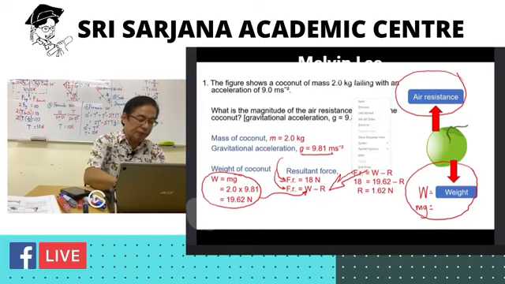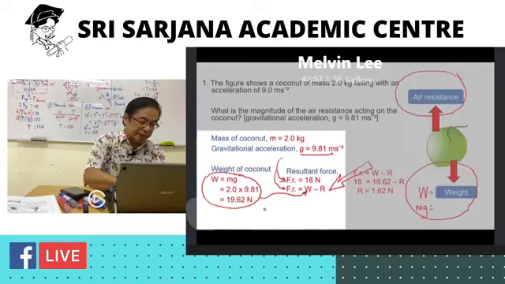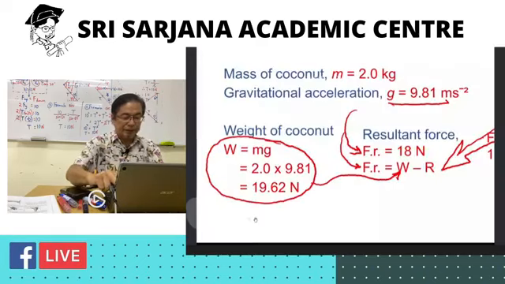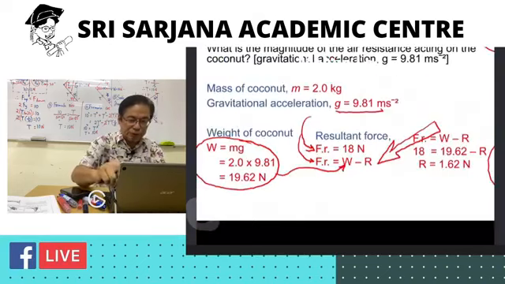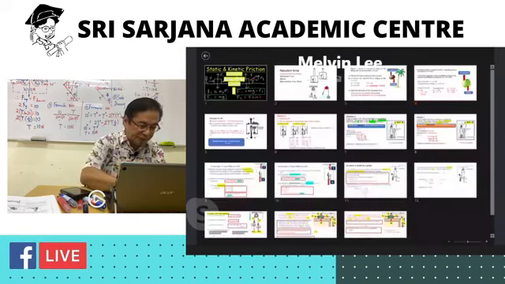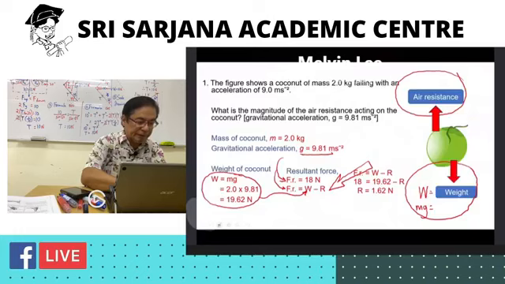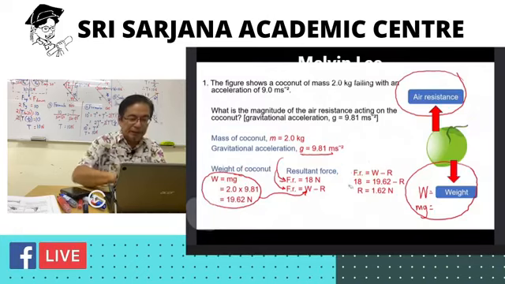I want to erase one of my, hang on, I'm going to make it bigger. It will be all right. So what I do next is I am going to put in the value. You notice that I put in the value, resultant force 18.